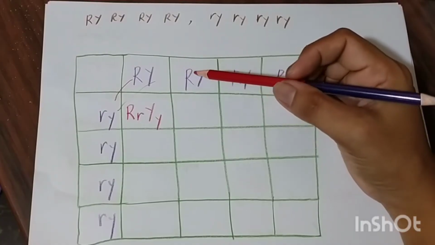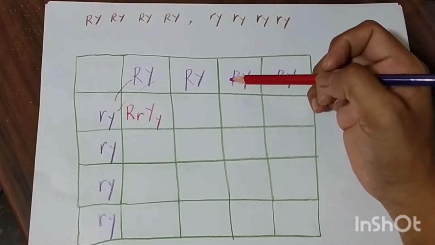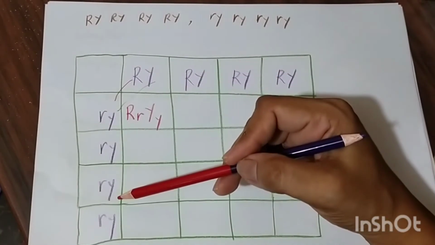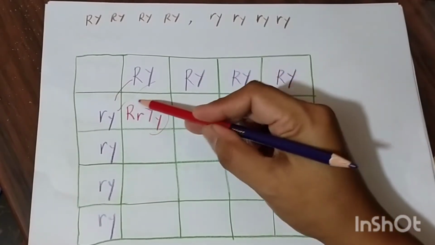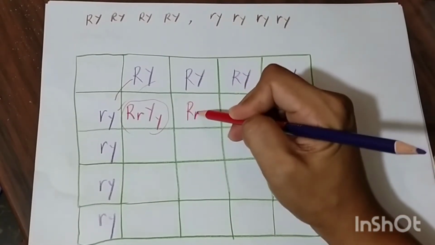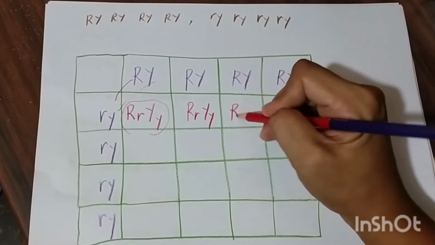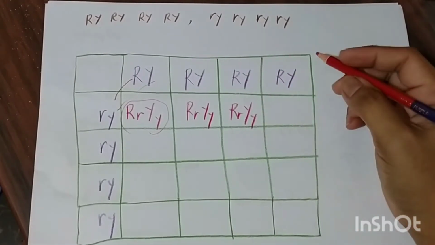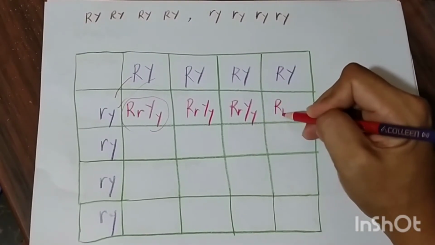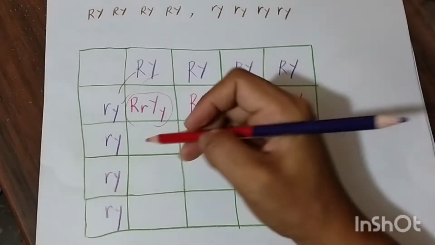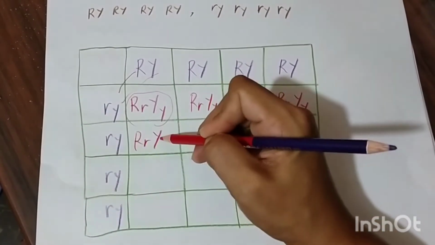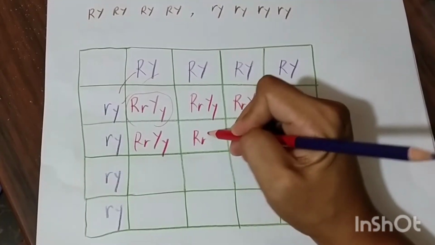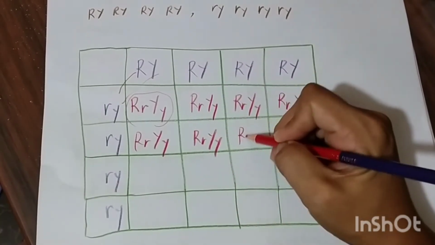Since the gametes of the round yellow and the wrinkled green are the same, we will just have the same answer: capital letter R and small letter r, capital letter Y and small letter y. So we will have the same answer all throughout this cross.